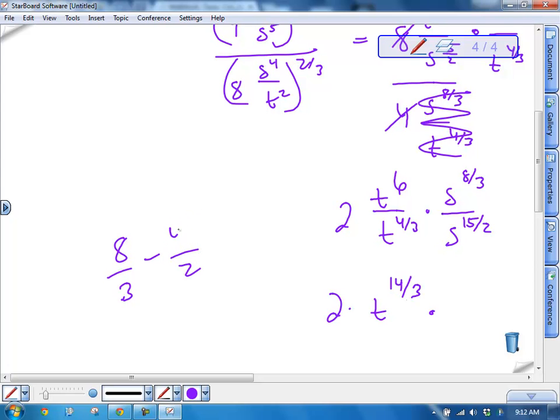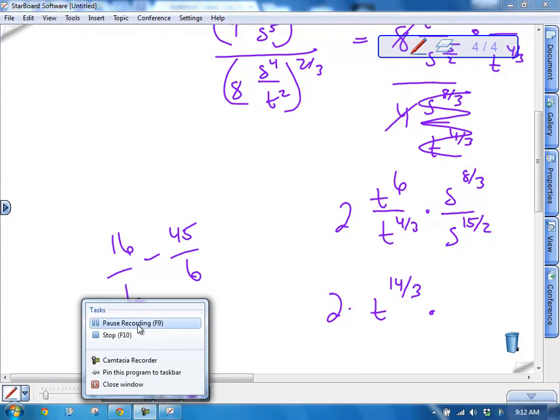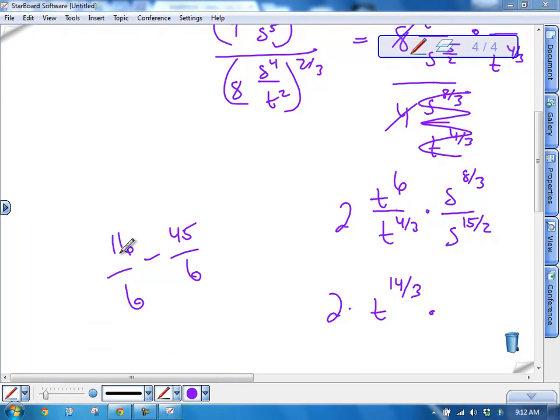So that gives me 45 over 6. Multiply top and bottom by 2, and it gives me 16 over 6. So that'd be negative 29. S to the negative 29 over 6.